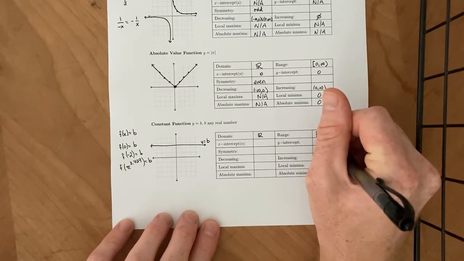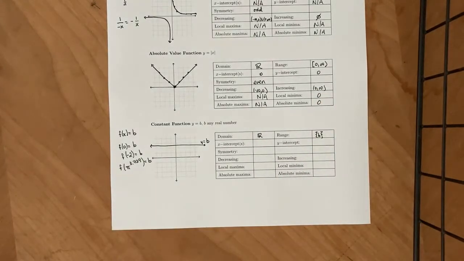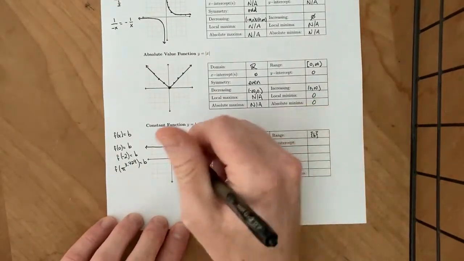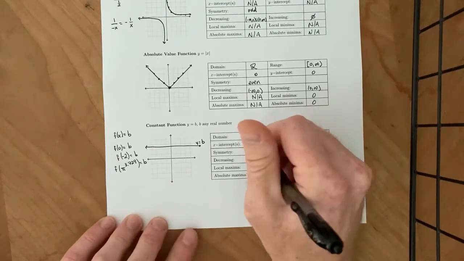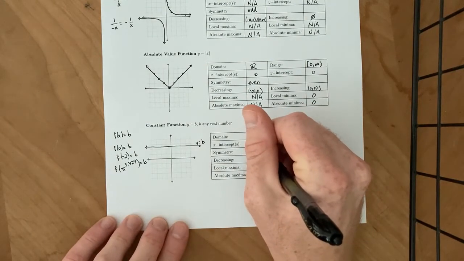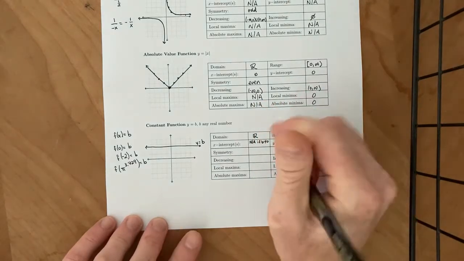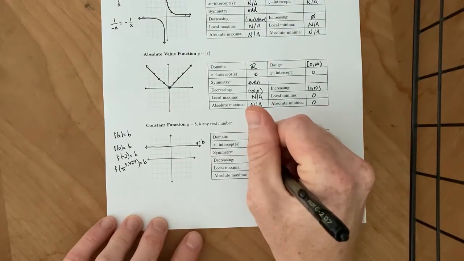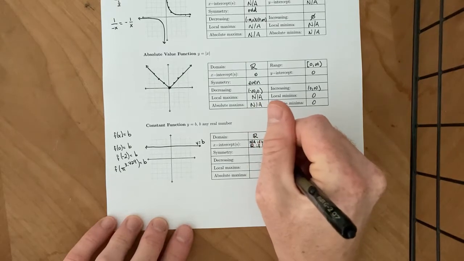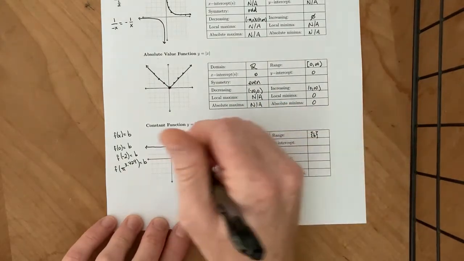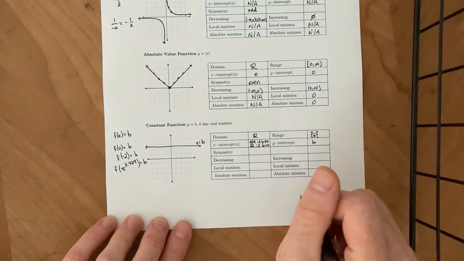So the range is just going to be the set b. X-intercept, well, it's never going to happen unless it's 0. So it depends. None if b is not equal to 0, and I guess R if b is 0. Our y-intercept, it's at b.